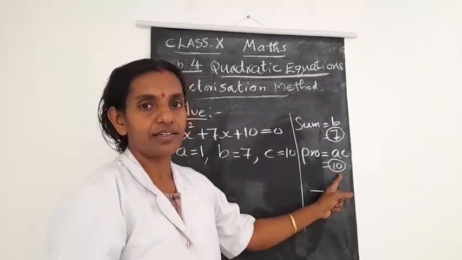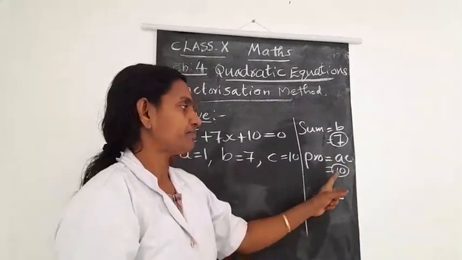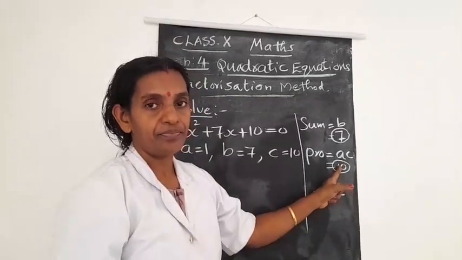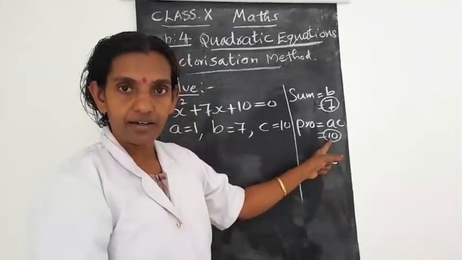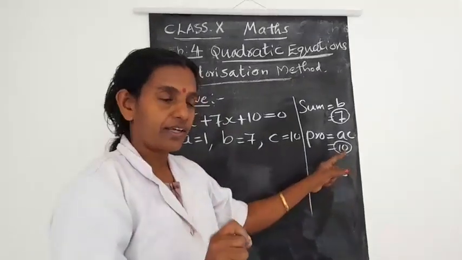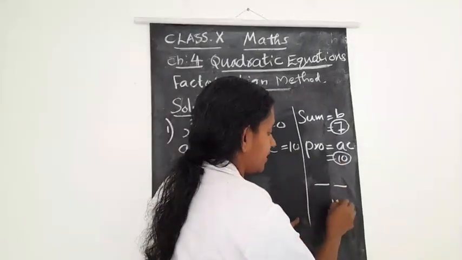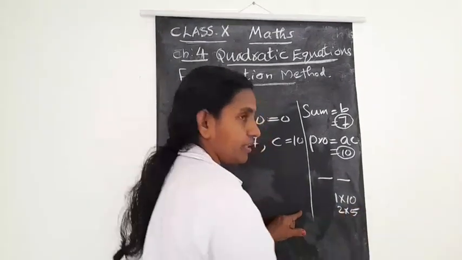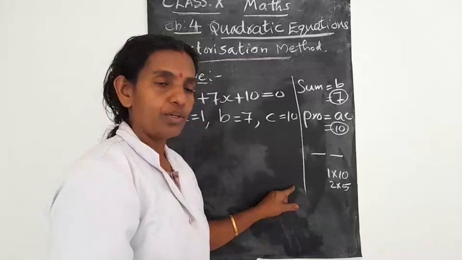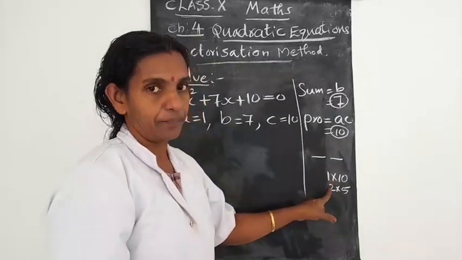Very easy to find. For that the method is, just write the factors of the product. The product is given here, it is 10. The factors of 10. Which are the factors of 10? 1 into 10, then 2 into 5. Any other factors? No. So only 2 pairs are here.